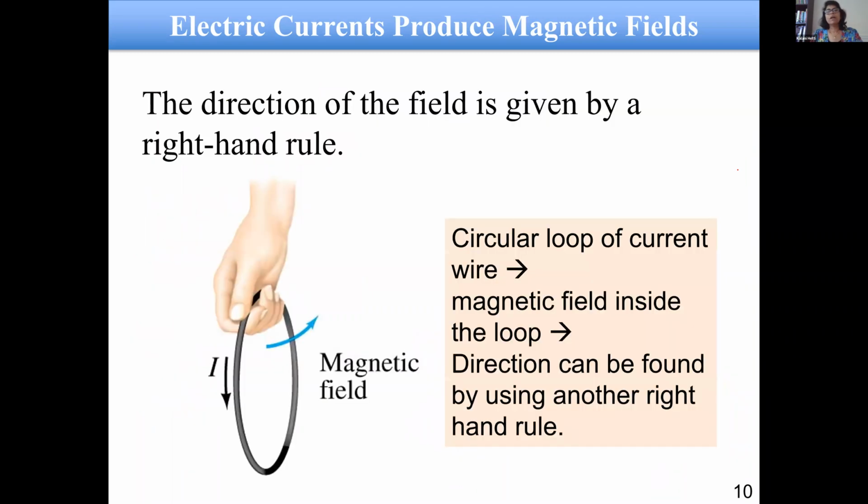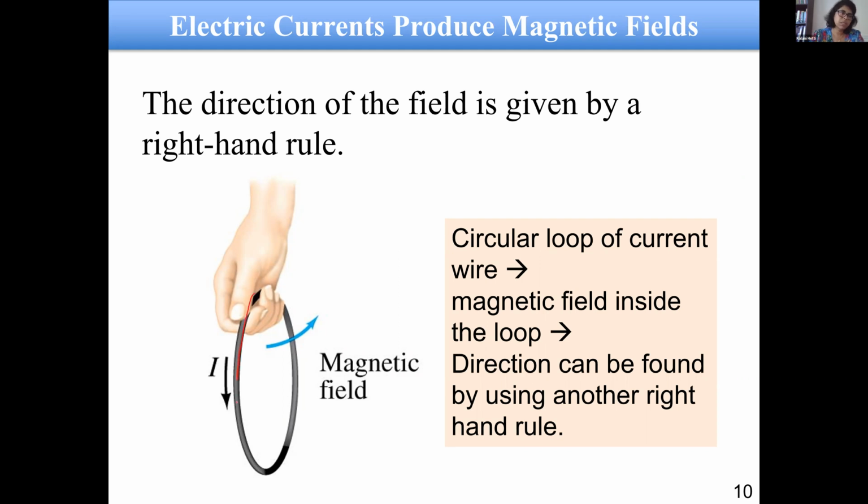Okay. And same thing if you have a loop of wire, I have a big loop. If the current is carried in this direction, in my case it is the clockwise direction, you're going to take your fingers and point them in the clockwise direction, then grab the wire. When you grab the wire, the magnetic field is going inside from this wire, everywhere in this wire. That's how the magnetic field is created.